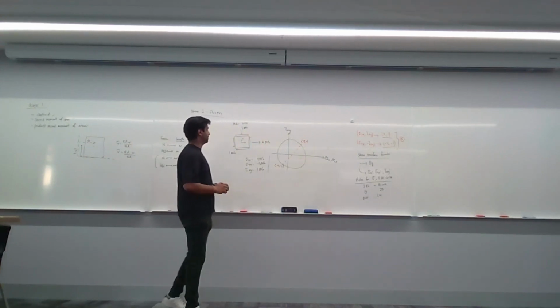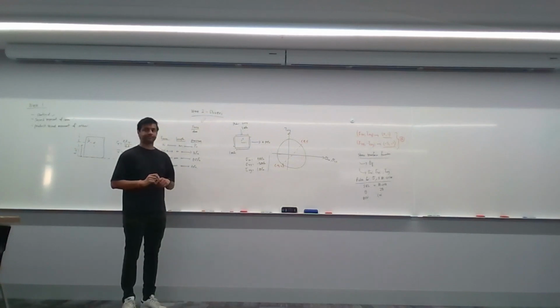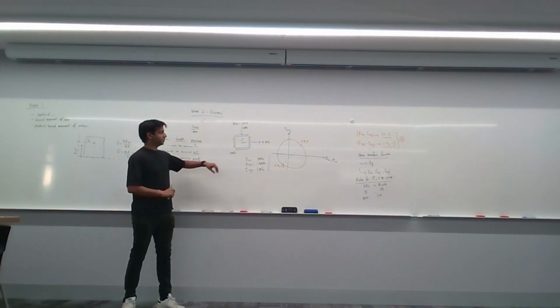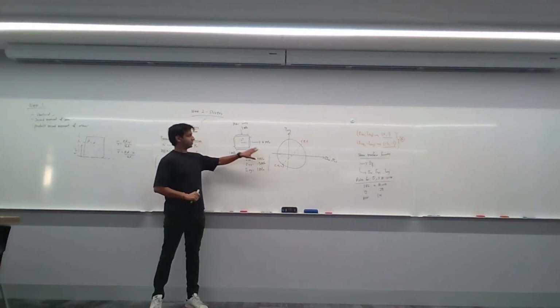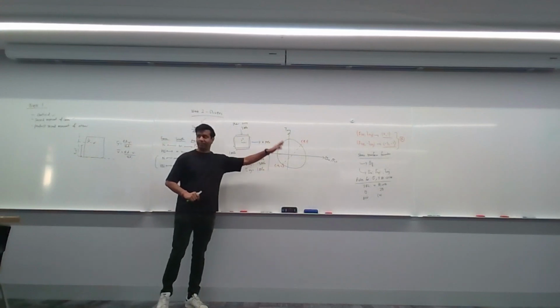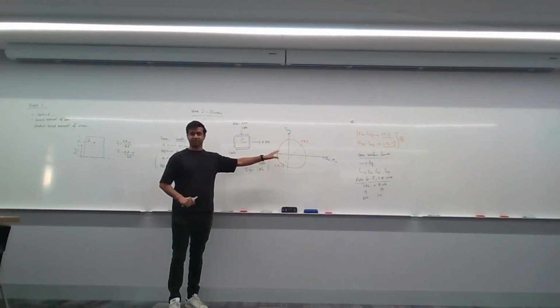Okay. Now, let's say this is the Mohr circle for this shape, right? And I've plotted in the points correctly, that's what it is, right? That's what it looks like.